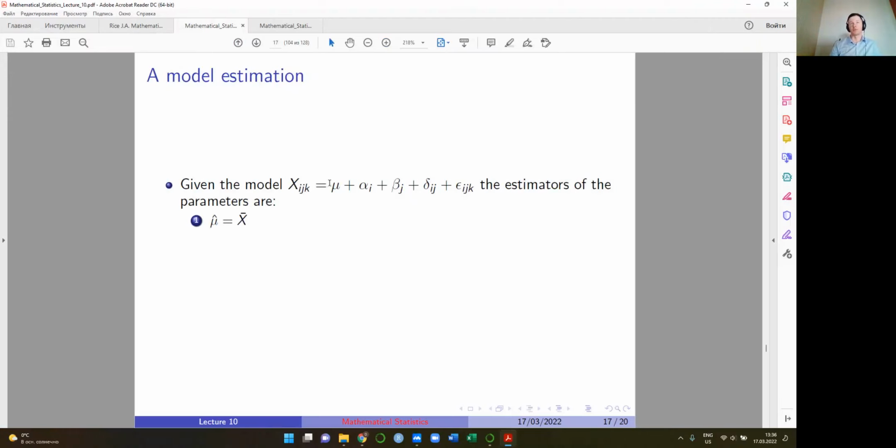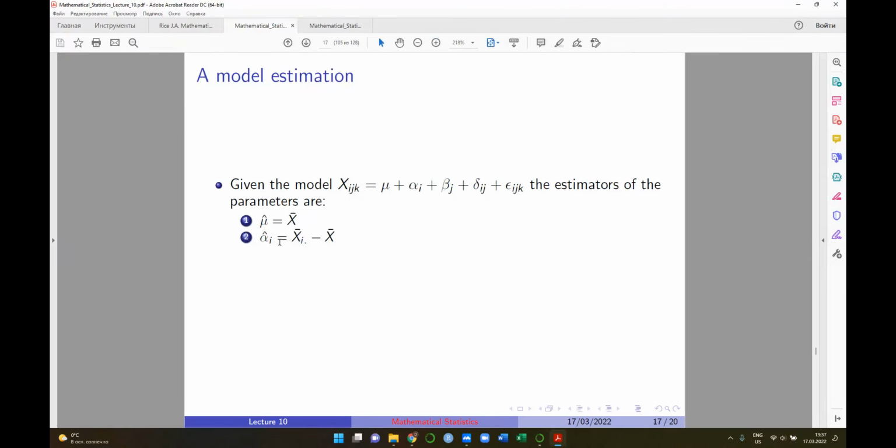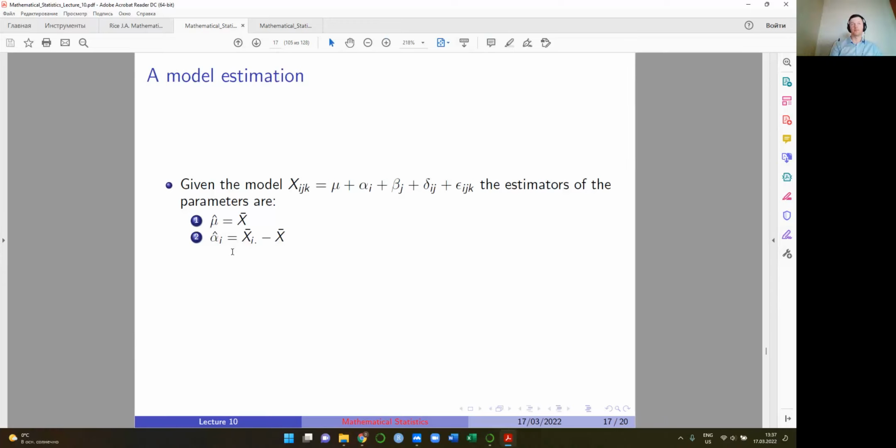of these parameters. So the sample estimate of mu is just the overall sample average, x bar. The sample estimator of alpha i, alpha hat i, is going to be x bar i minus x bar. So the additional effect of the i-th level of factor 1.